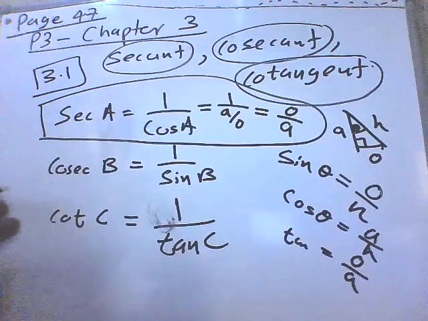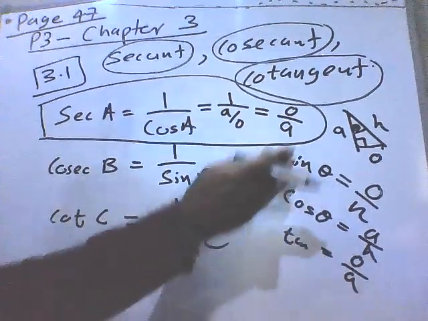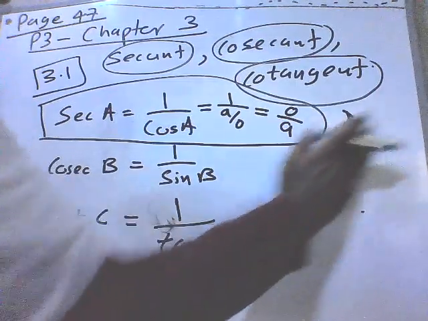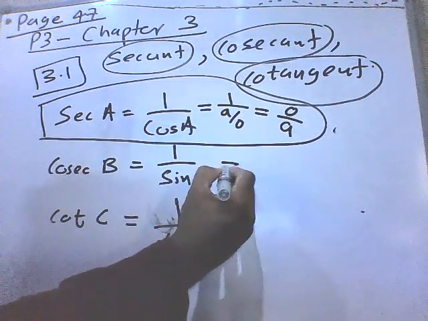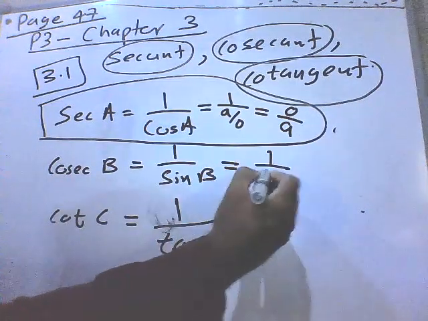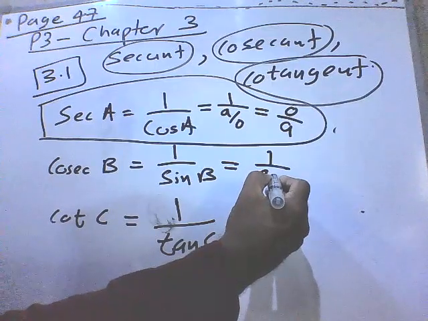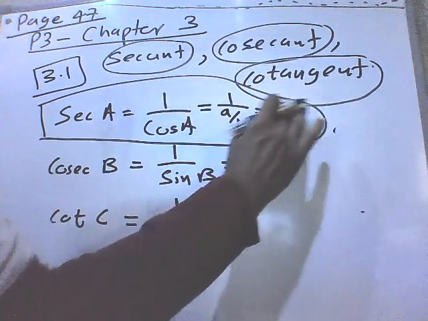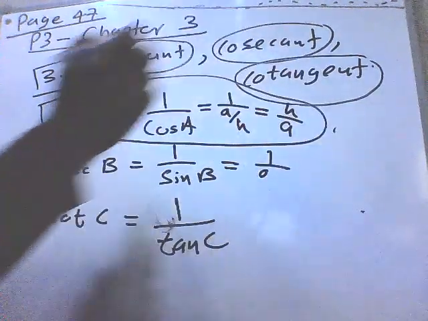And now I will erase these things. These are basic things, you will remember that. So here we can say this is equal to 1 over opposite over hypotenuse, which is hypotenuse over opposite. For cos, adjacent over hypotenuse, it's going to be hypotenuse over adjacent.